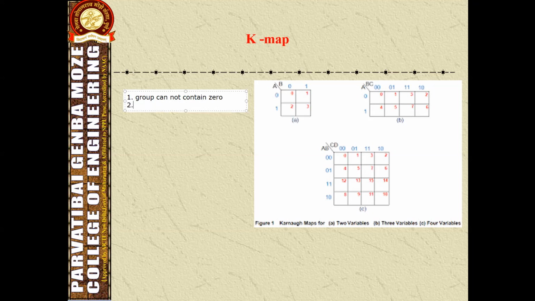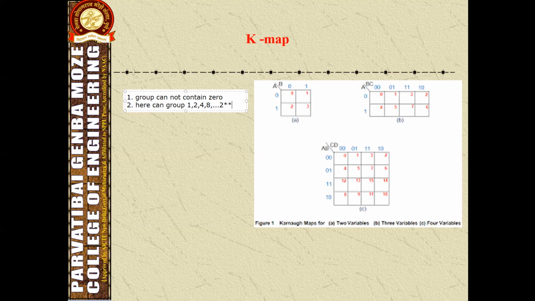Second, we can group 1, 2, 4, 8, or 2 raised to the power of n cells. We can group 2 ones together, 4 ones together, 8 ones together. So how do we decide how many ones a group should contain? It is 2 raised to the power of n.